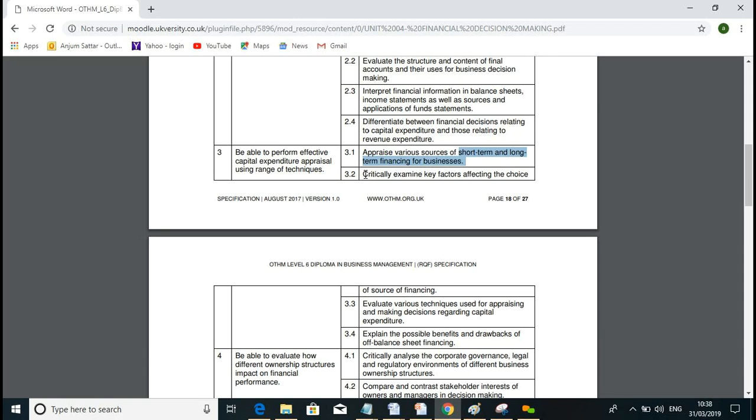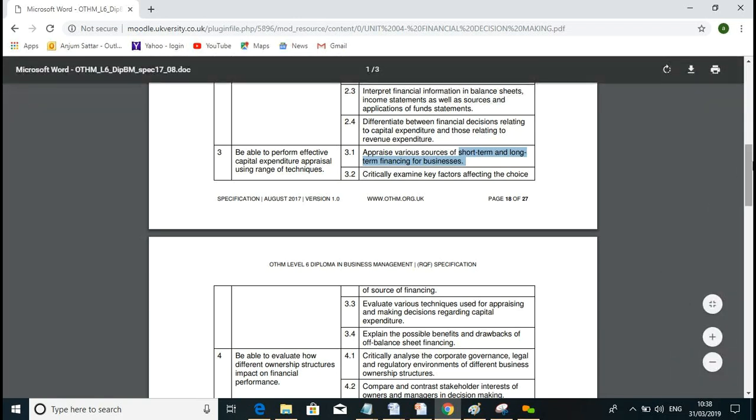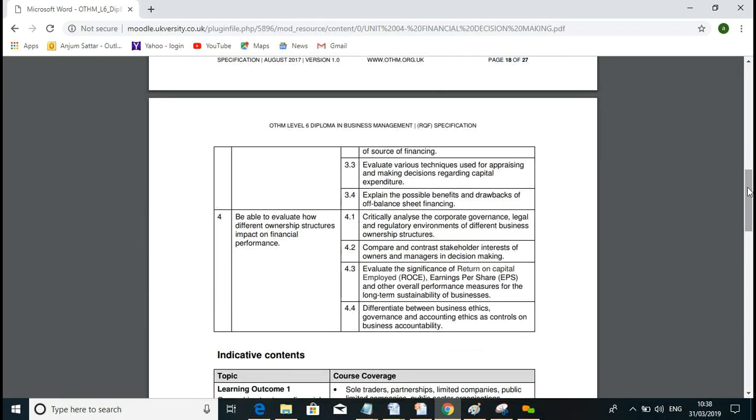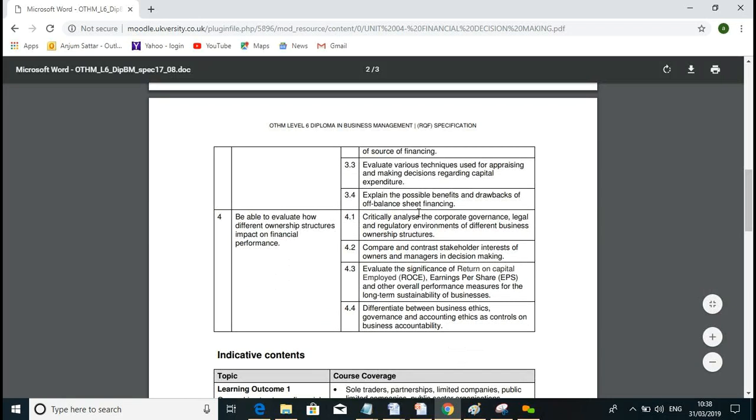Critically examine the key factors affecting the choices. What are the key factors that are affecting them? There are various economic factors like the micro environment and PEST: political, economic, social factors. Those affect the sources of finance plus the organization's long-term commitment.